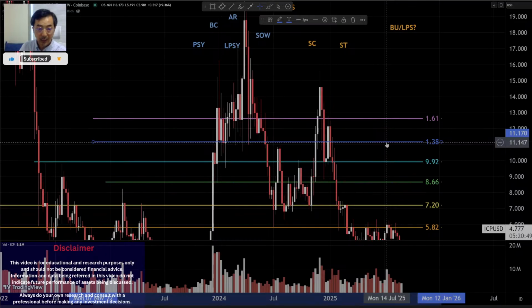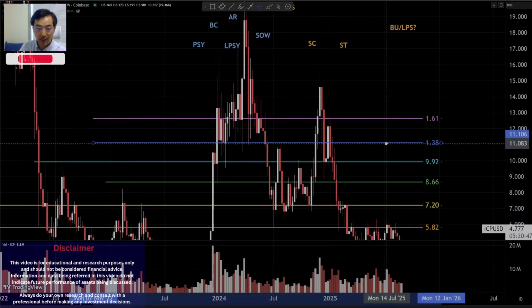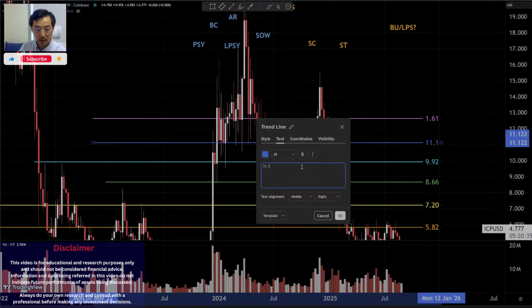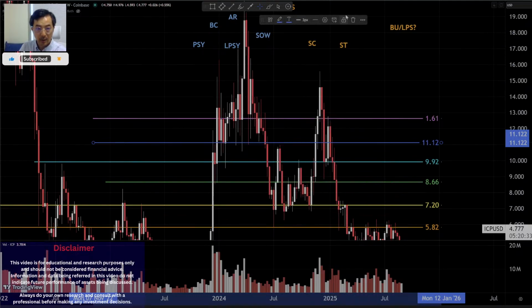So it's qualified, just that it's again pretty close to the light blue. I don't have to expand it to the left. It is $11.12. That's where it is.